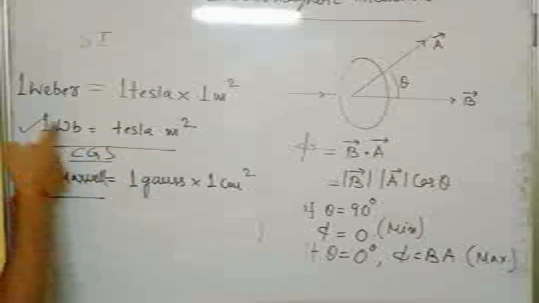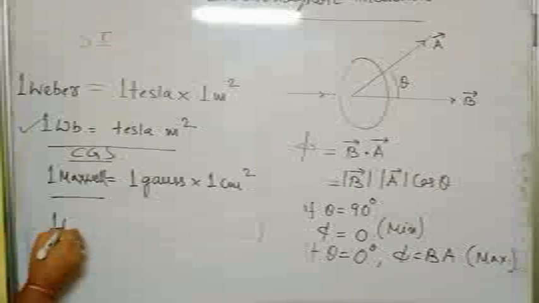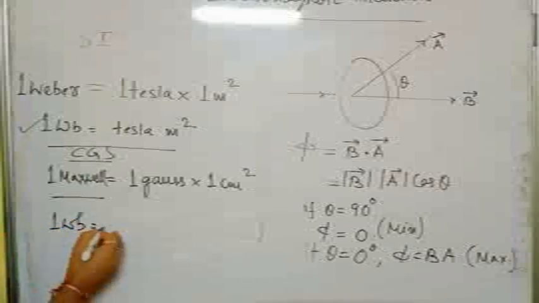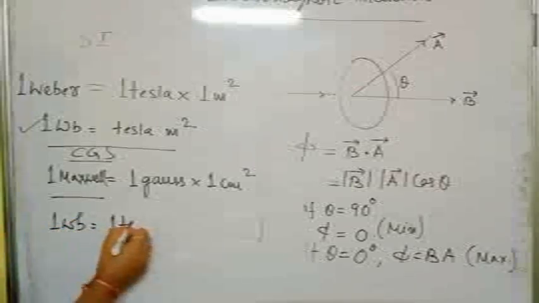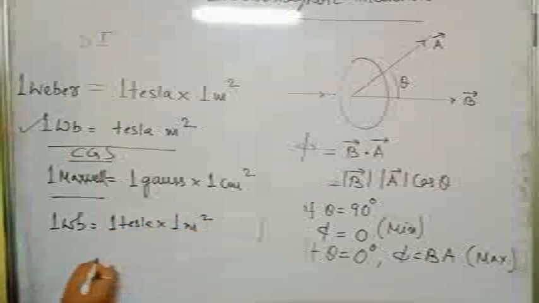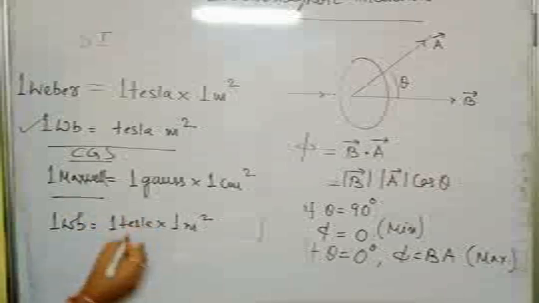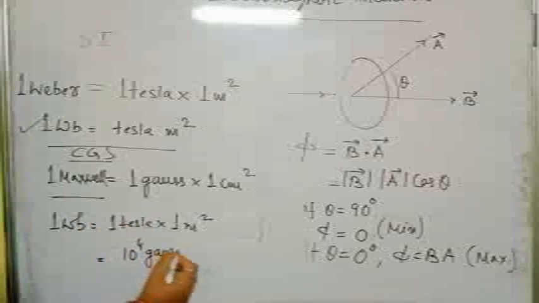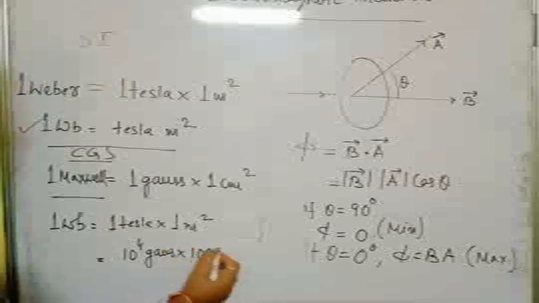Now here 1 Weber is equal to 1 Tesla into 1 meter square. So we can write it as 1 Tesla is 10 to the power of 4 Gauss into 100 centimeter whole square.